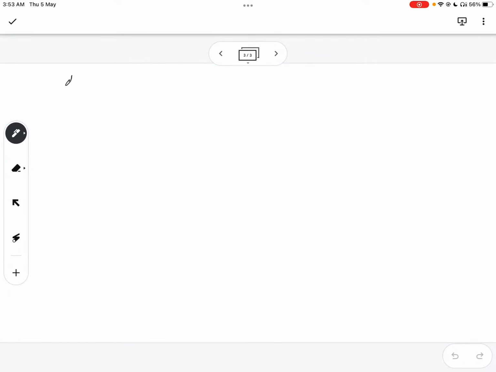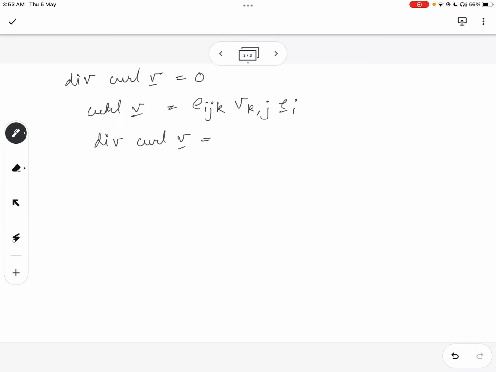Next we will see that divergence of curl of a vector v is 0. So curl of v in indicial notation is eijk vk comma j ei. Divergence of curl of v is eijk vk comma ji.